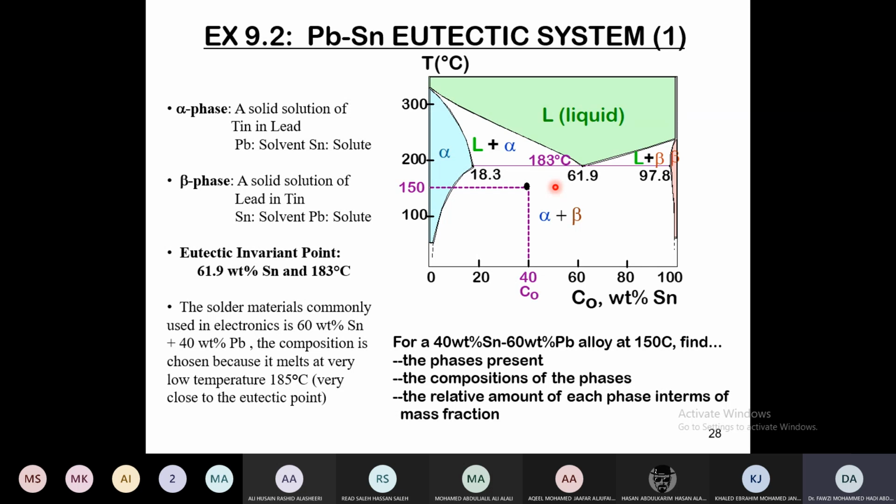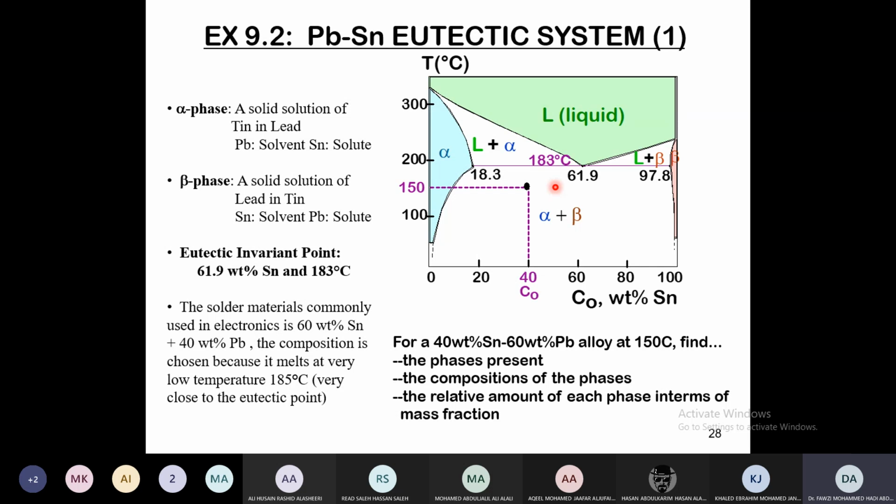Another thing we want to look at is that we start with practicing. Using the phase diagram, now that we are acquainted well with it, if we have the temperature and the composition of the alloy, how can we answer those 4 questions which we said are important?